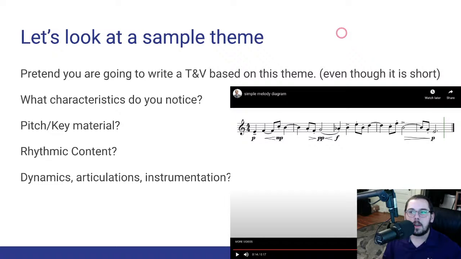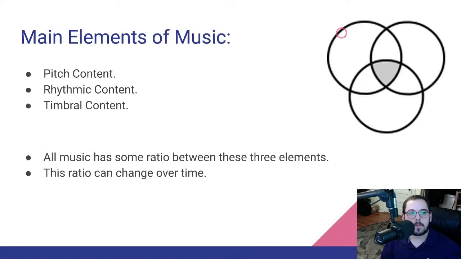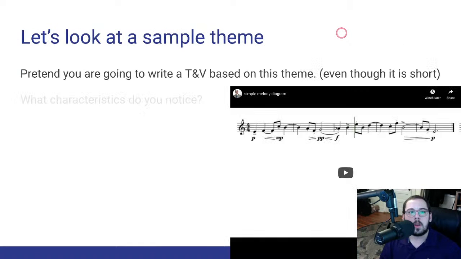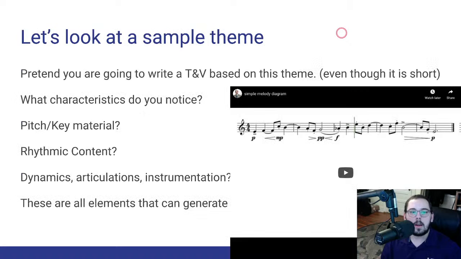These are all things that you can think about, and this is just a short little list for the sake of time. But all of these little elements of the music, the pitch, the rhythm, the timbre, what goes into these themes, you can use in order to generate all of your variations. So by writing that down and just focusing on one element, let's say the pitch material.